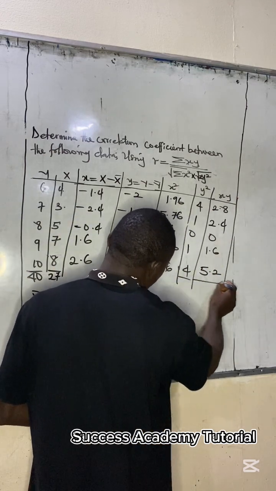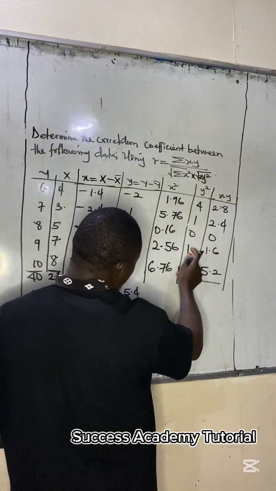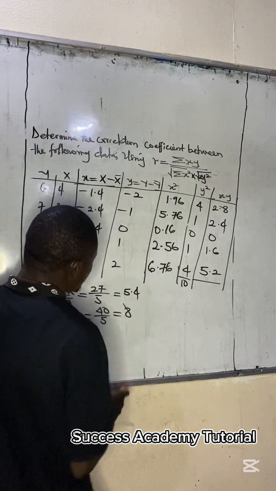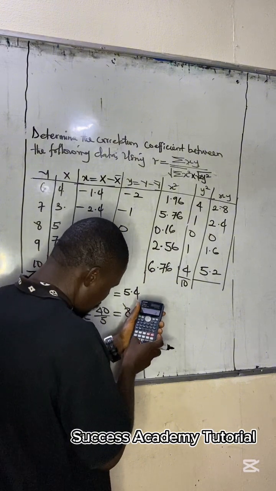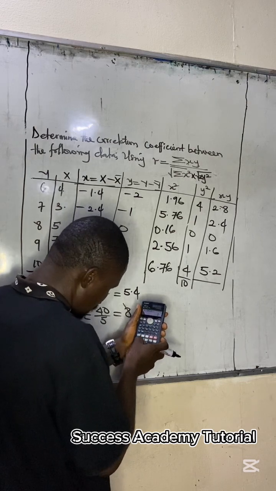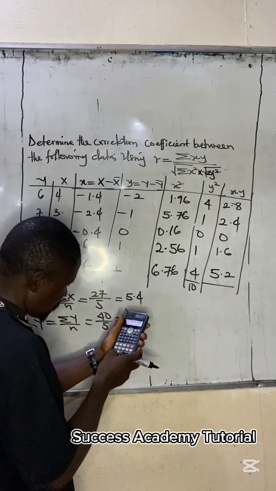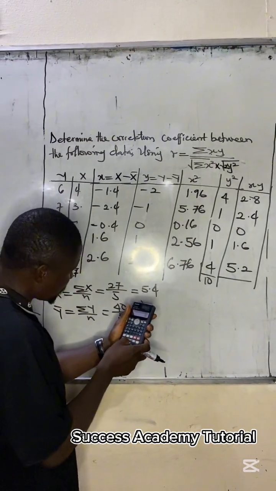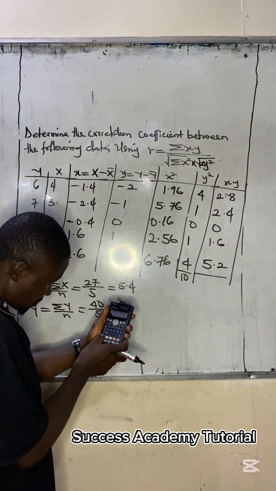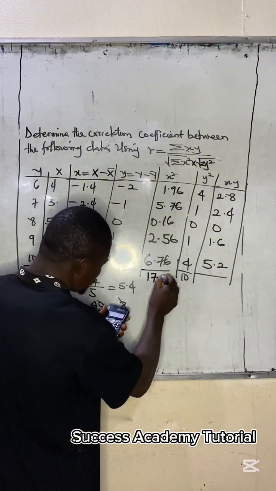So we are going to sum everything up. For y squared: 4 plus 1 is 5, plus 1, 6, plus 4, that's 10. And then the summation of x squared: 1.96 plus 5.76 plus 0.16 plus 2.56 plus 6.76 is equal to 17.2.